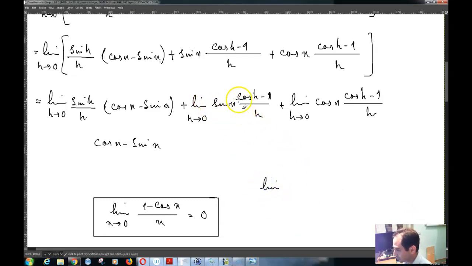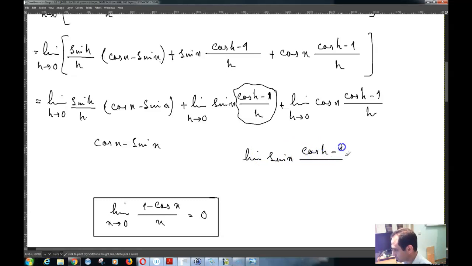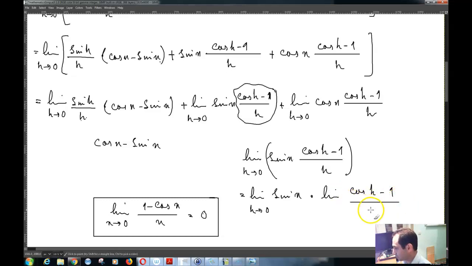Let's concentrate on this part for now. I can write the limit of sine x times cos h minus 1 over h as h tends to 0 as the limit of sine x as h tends to 0 times the limit of cos h minus 1 over h as h tends to 0.